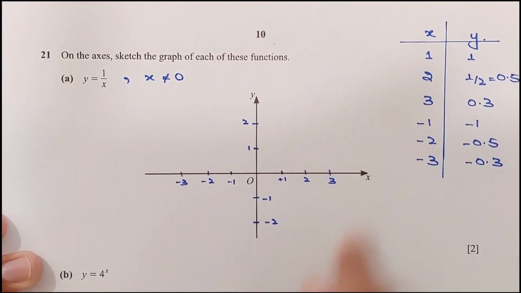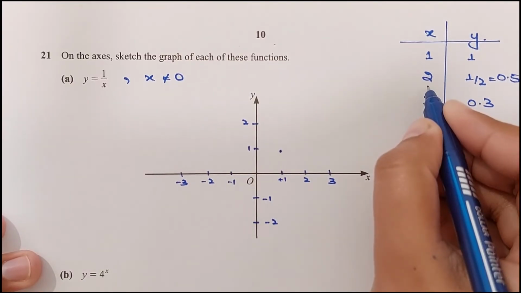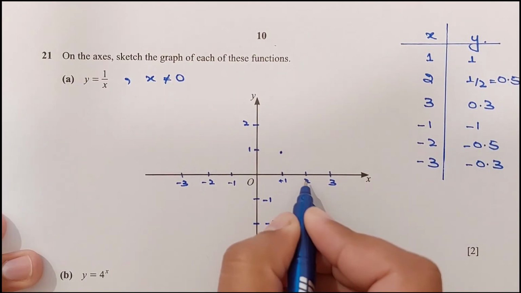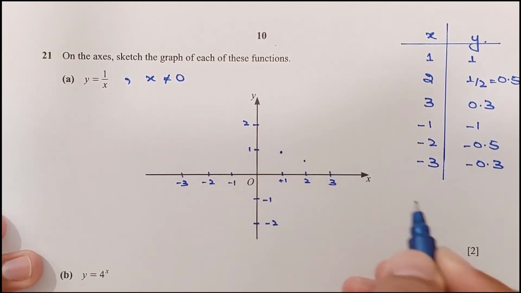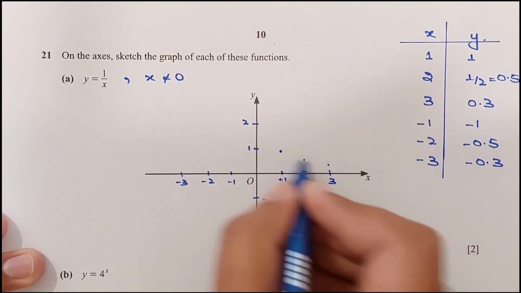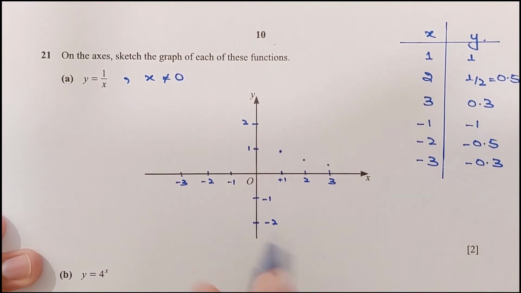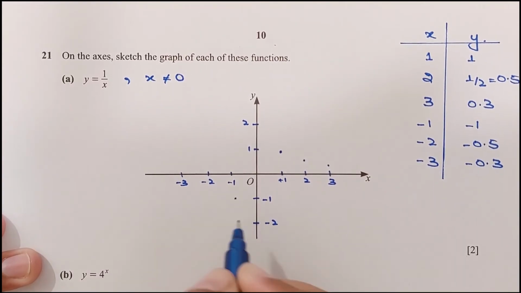So when x is 1, y is 1, we have this point, right? When x is 2, y is 0.5, between 0 and 1 we have 0.5. When x is 3, y is 0.3. Okay, so this is the shape of the curve, right? And from the other side, when x is minus 1, y is minus 1, downward.